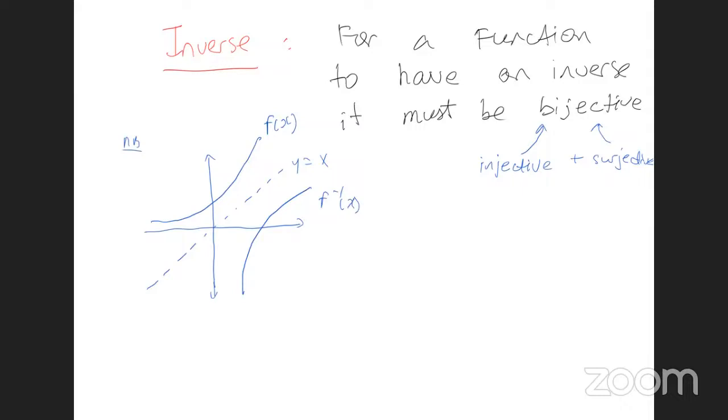So f inverse x is the reflection of f of x in the line y equal to x. That's something for you to remember about f inverse x. And then we'll take a look at the steps in finding the inverse.